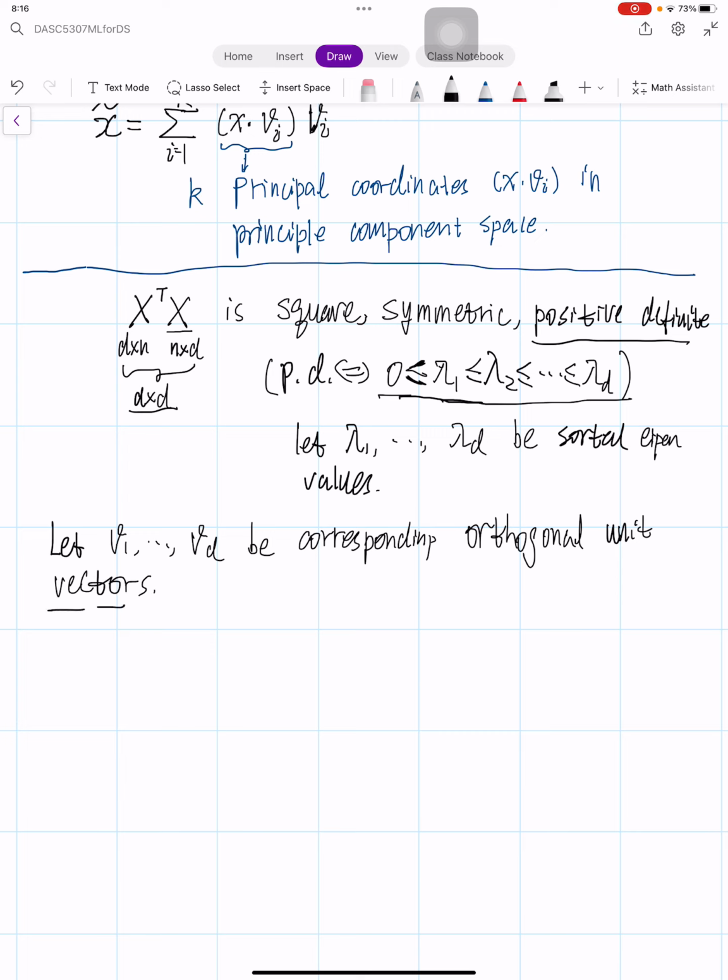So actually, these eigenvectors are also principal components. And the most important component will be the unit eigenvector corresponding to the largest eigenvalue.